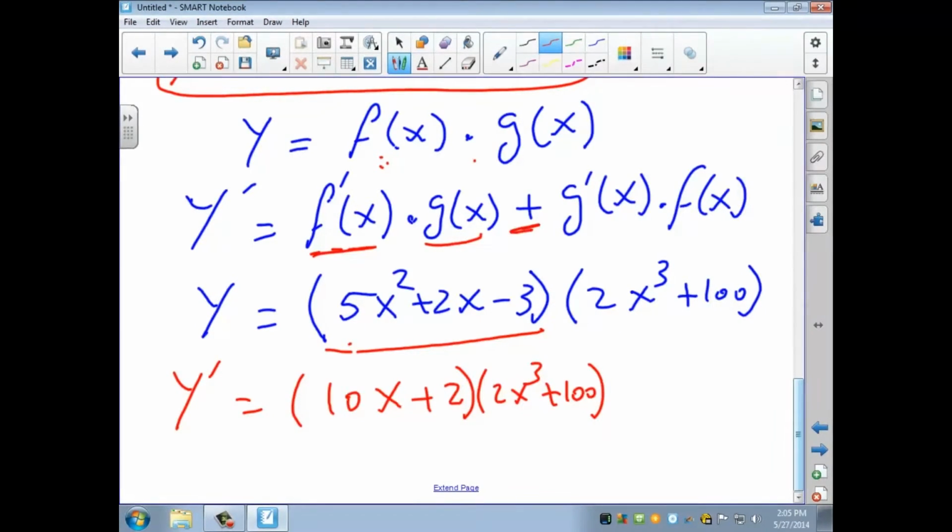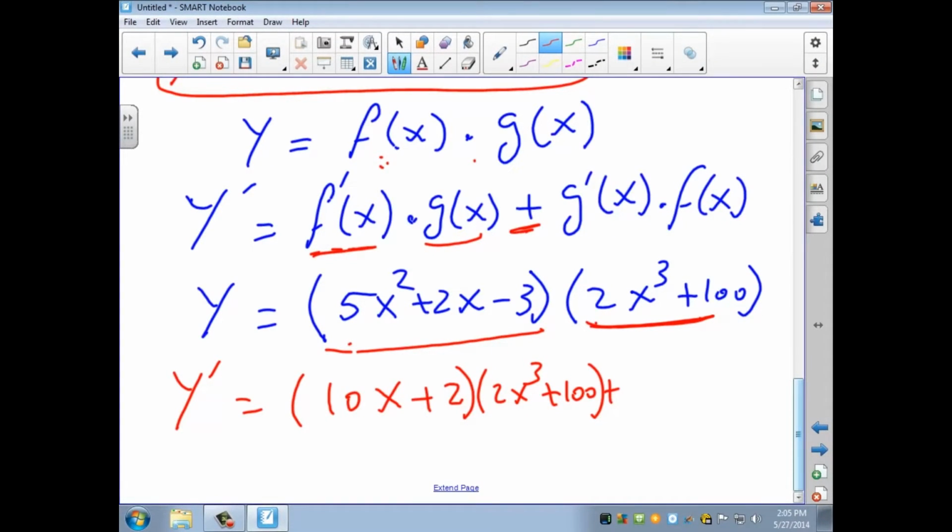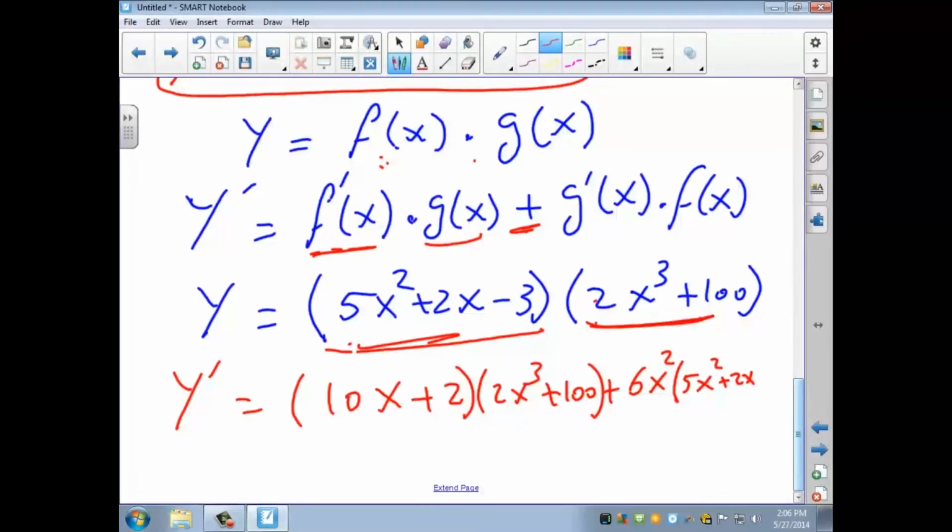Then it says plus the derivative of the second function, the derivative of this. What's the derivative of this? It is 3 times 2 is 6x squared. Multiply by the first function, multiply by this, 5x squared plus 2x minus 3.